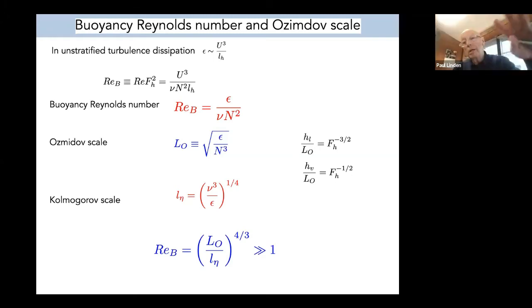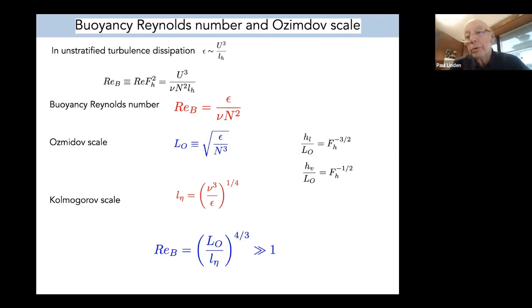So large scales obviously are strongly affected by stratification. If I'm taking heavy fluid and moving it a long way up, I have to do a lot of work. And so stratification is important. If I take something and just move it a tiny bit, then not much stratification doesn't really matter. So where is that transition? That is usually regarded as the Ozmidov scale, given here by epsilon over n cubed.